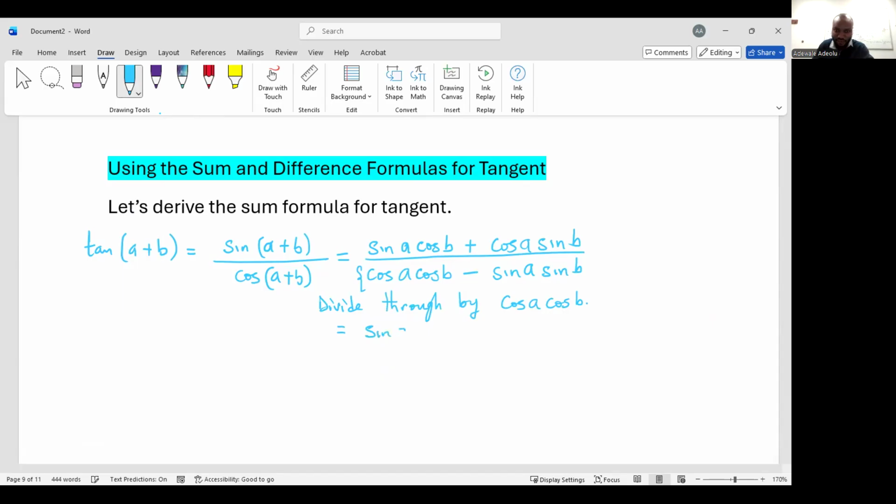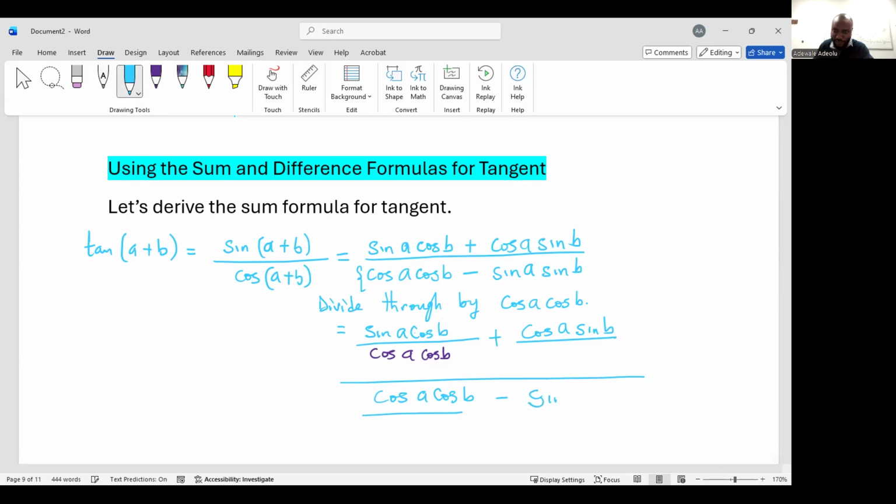So we have sine of A, cosine of B divided by cosine of A, cosine of B, plus cosine of A, sine of B divided by cosine of A, cosine of B, all over cosine of A, cosine of B minus sine of A, sine of B divided by cosine of A, cosine of B. So now I'm dividing each term by cosine of A, cosine of B.